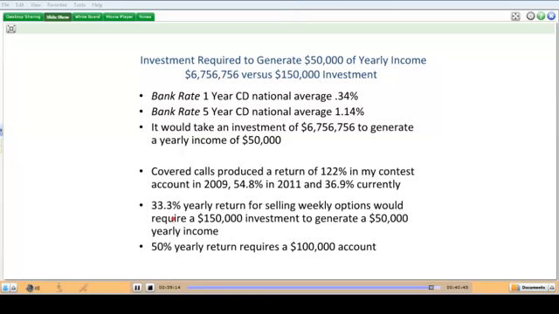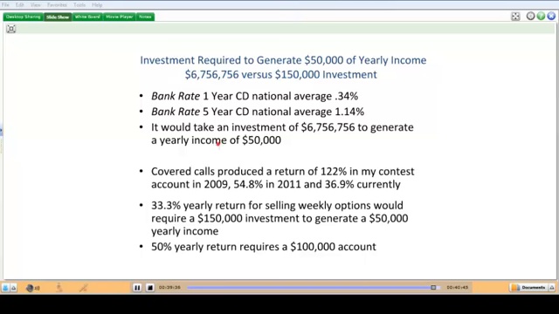It would only take $150,000 to generate that $50,000 yearly income. And if you could get a 50% return, it would only require a $100,000 account. So that's a big difference, $100,000 versus $6.7 million.